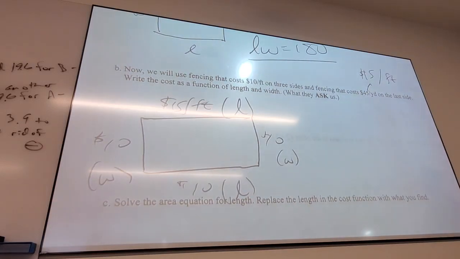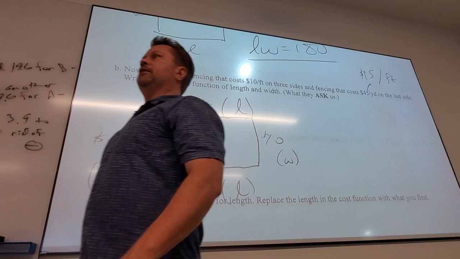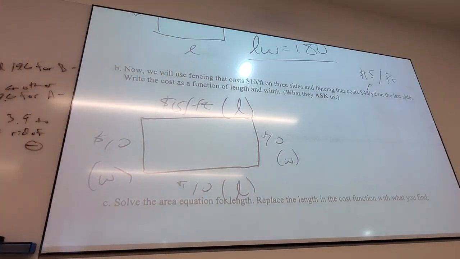So can anyone tell me the cost? What's the total cost of fencing this area in? Depends on how long it is. Again, algebra. If you say the speed was 80 minus W, there it is.